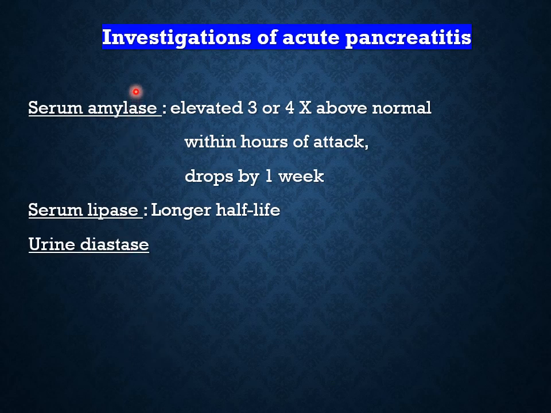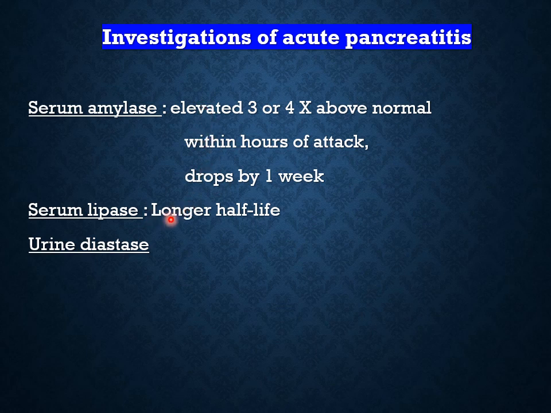Now, the investigations of acute pancreatitis, which I've already mentioned: serum amylase is elevated more than 3 times above normal. Usually it rises within hours of an attack and drops within the first week, within a couple of days. Serum lipase has a longer half-life, so its elevation in the blood lasts longer than serum amylase.